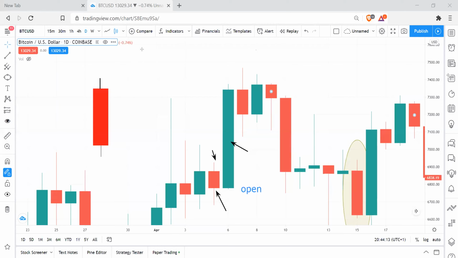Now let's do our brother in green as well. Yes, so now let's label this one after another. This here is the highest price and this here is the lowest price. That does not change.